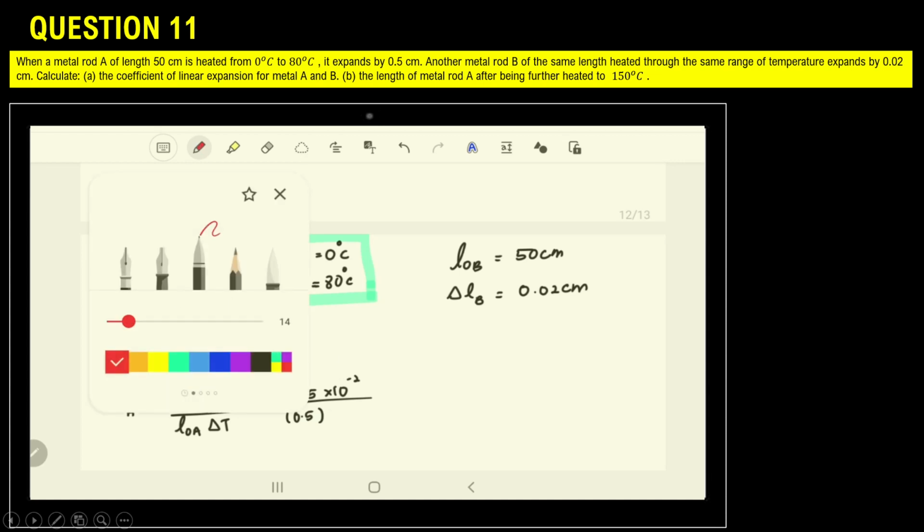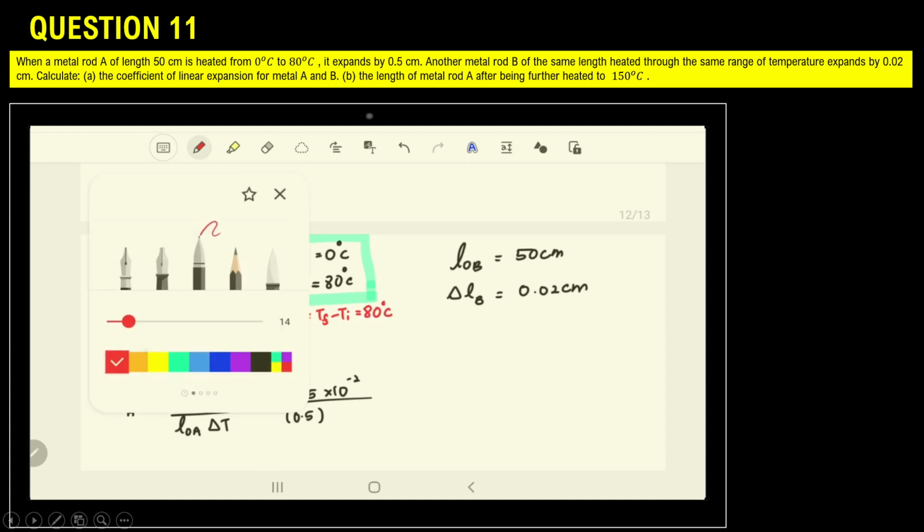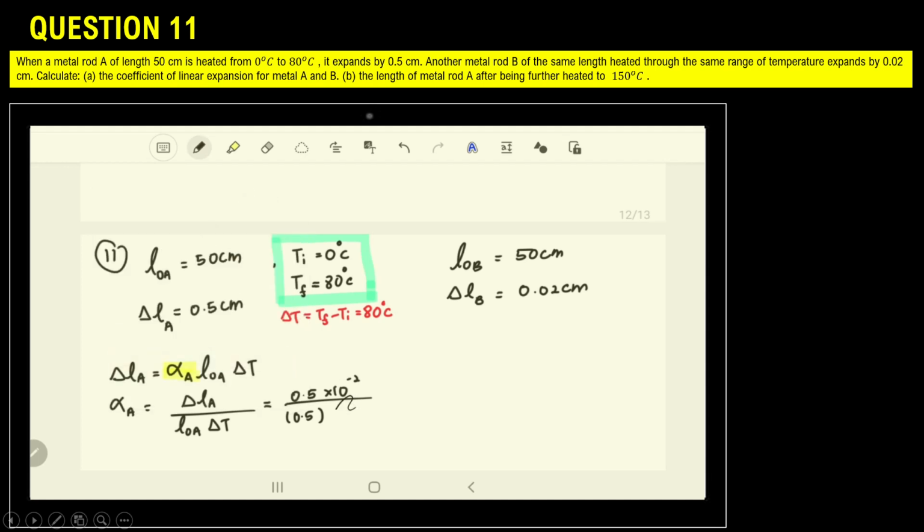Okay, so here delta T is equal to T final minus T initial, and it's 80 degrees Celsius. Okay, so we can substitute here. So delta T is 80. Okay, therefore alpha A is equal to 1.25 times 10 power of negative 4 per degree Celsius.